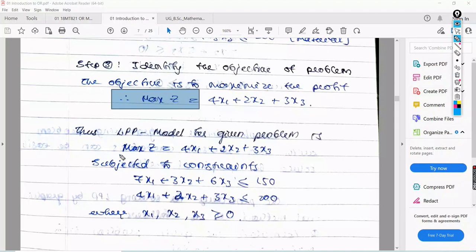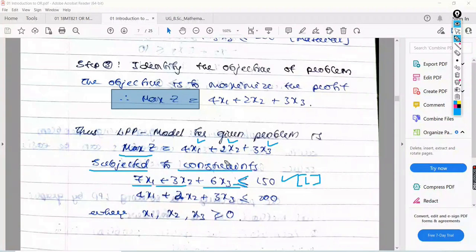Maximize the profitability 4x1 plus 2x2 plus 3x3 subject to constraints. That is 7x1 plus 3x2 plus 6x3 should be less than or equal to 150, because whatever labor hours you are going to use should be less than or equal to 150.